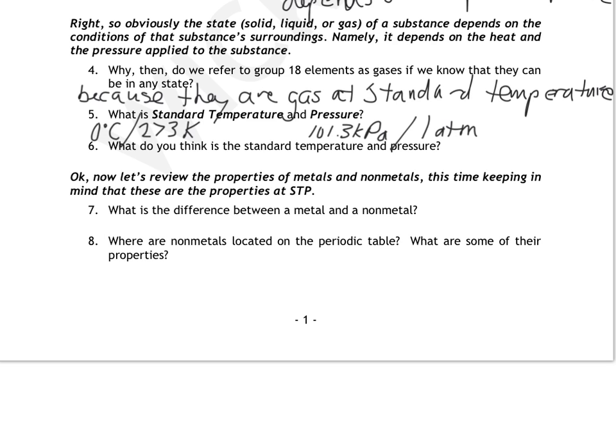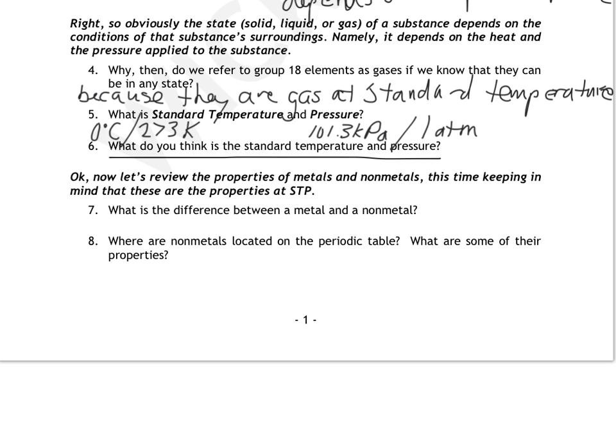What you'll find on table A is that standard temperature could be 0 Celsius or 273 Kelvin, and standard pressure is 101.3 kilopascals, or 1 atmosphere. We'll use all of these this year, and it just sort of depends on the situation which one we'll use. So I think I got a little bit ahead of myself, and we just answered this question already, so that's all set.